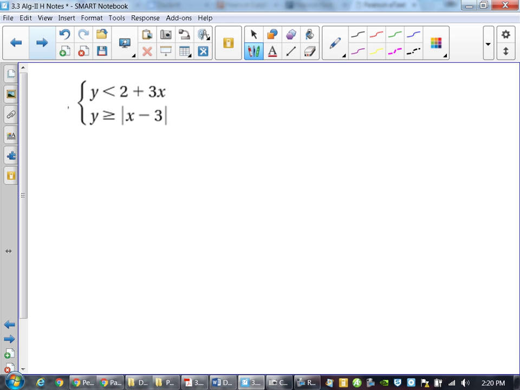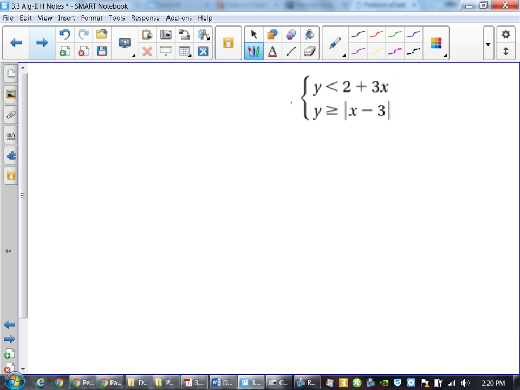Okay? Let's throw an inequality, or excuse me, an absolute value in here. Now, yesterday, I showed you guys the generic form of an equation in terms of absolute value.